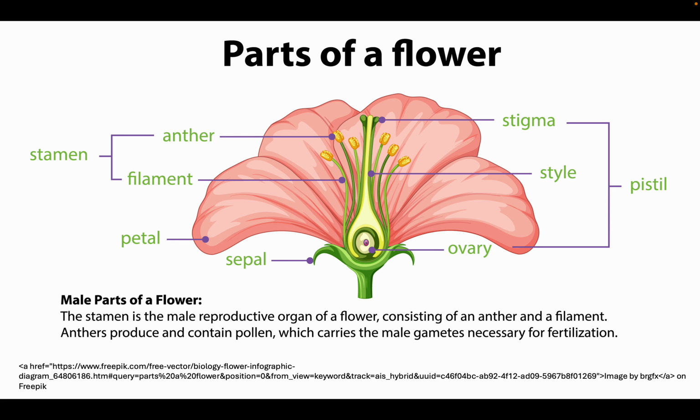Anther produces and contains pollen which carries male gametes necessary for fertilization. Now, how it is carried from one flower to another, the self-pollination and cross-pollination, we will study in the later part of the chapter. Don't ask, sir, how does it go, sir? Wait, let's come to that, okay?